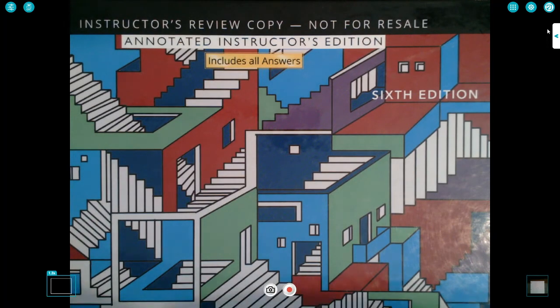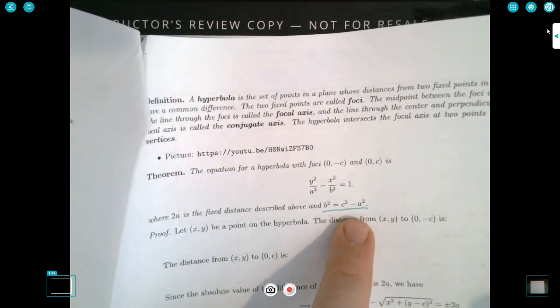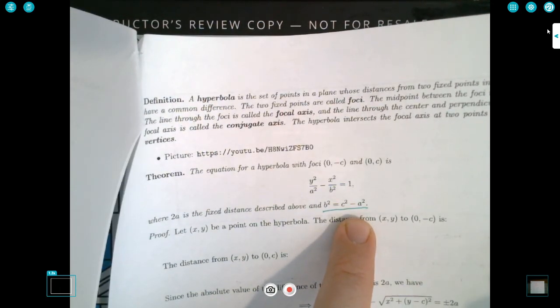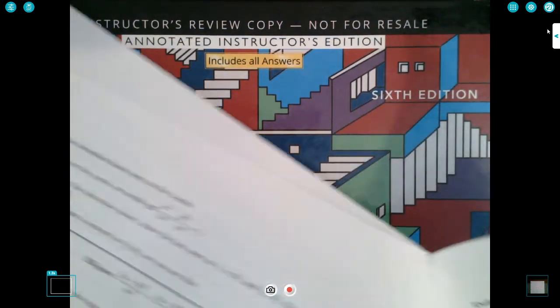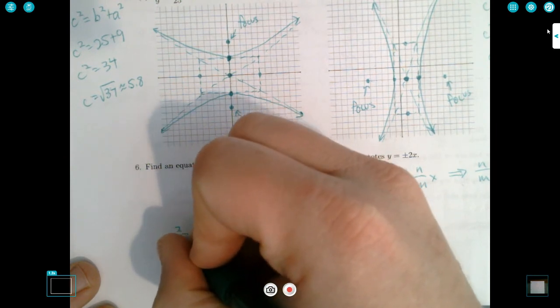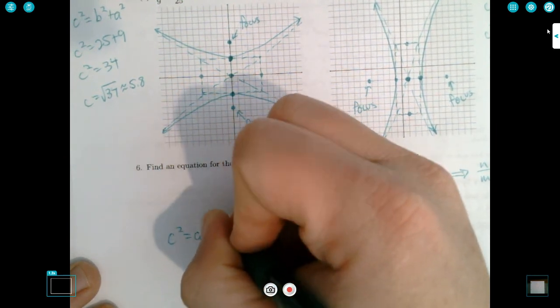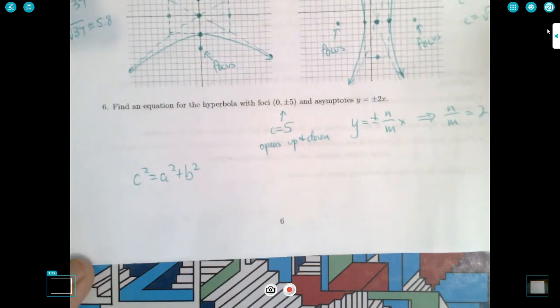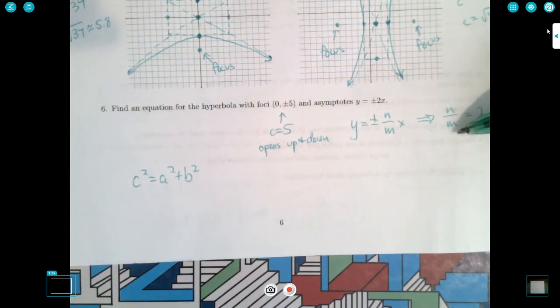I mean, we know that c squared equals a squared plus b squared. We also know that n or m is a. We're just not sure which. Is there a way to tell?